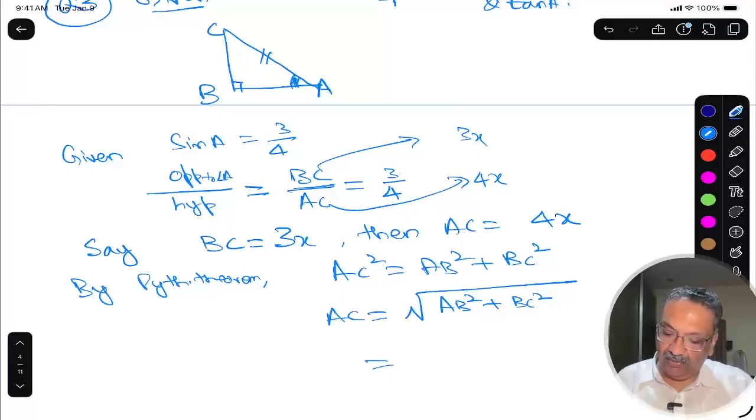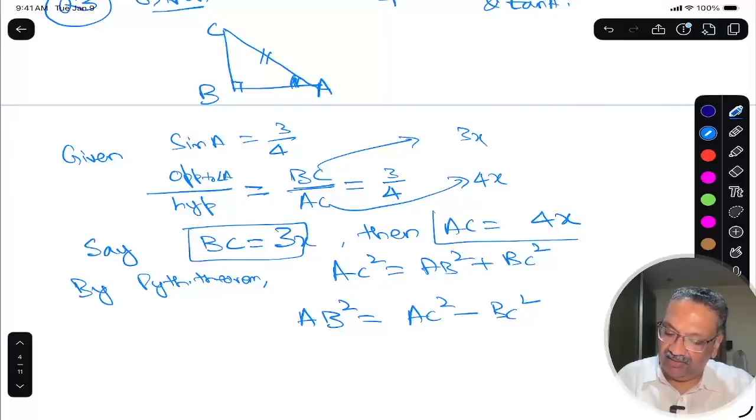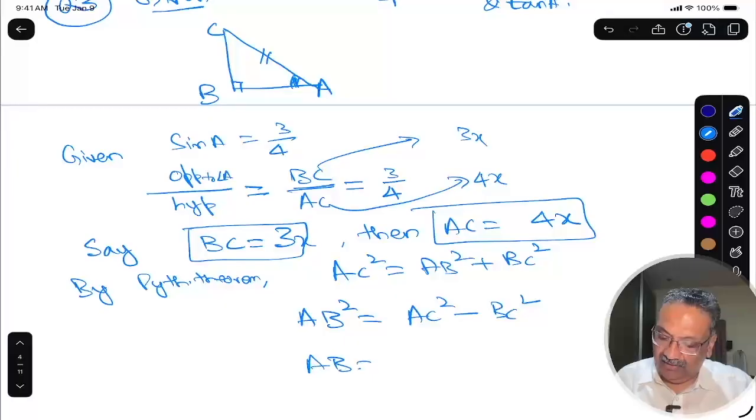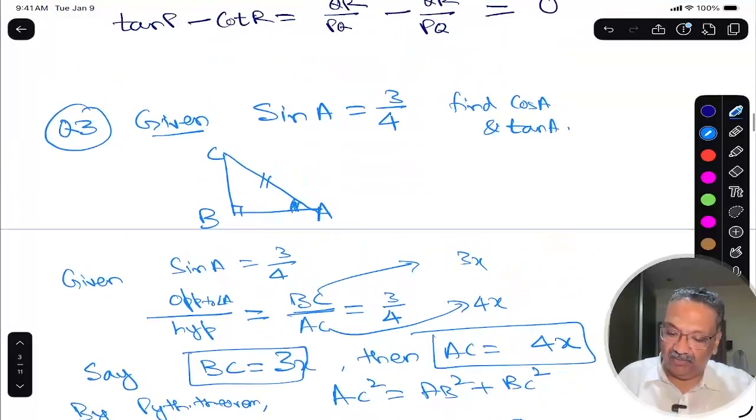So what we want is AB. AB square will be AC square minus BC square. We know BC, we know AC. So AB will be equal to square root of AC square, 4x square, minus BC square, 3x square, is equal to square root of 16x square minus 9x square is equal to square root of 7 into x. What did we get for AB? Root 7x. So now we got AB as root 7x.